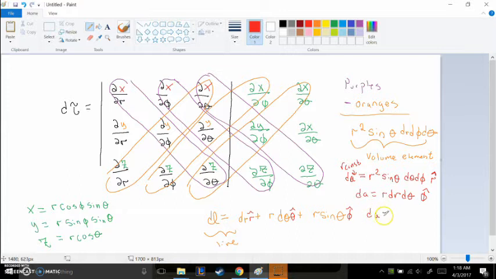And finally, when theta is constant, we have this one and this one. So r sine theta dr d phi in the theta direction. And those are our line, area, and volume elements in spherical coordinate systems transformed from Cartesian coordinate system.